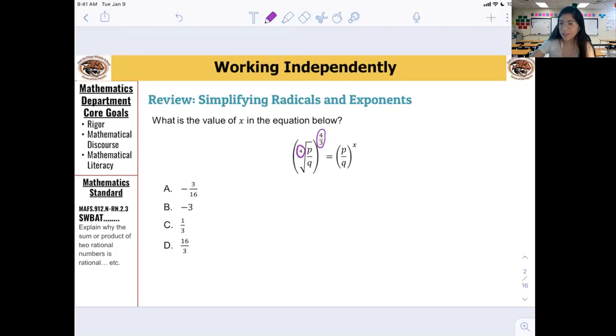That's okay. Remember what I said. I'll reiterate it. When you have a mixture of radicals and exponents all in one problem, what do you want them to all turn into? Exponents. You always want to turn everything into exponents.